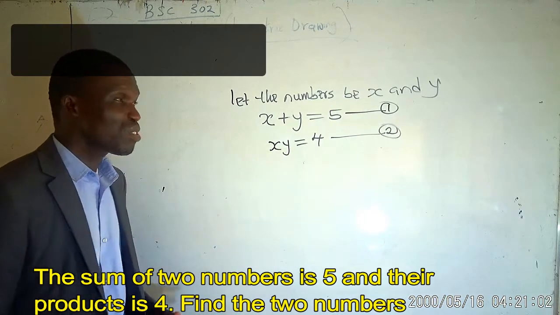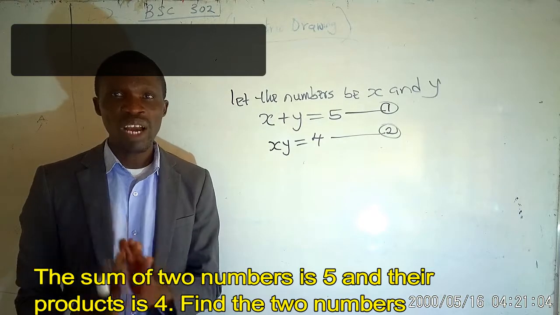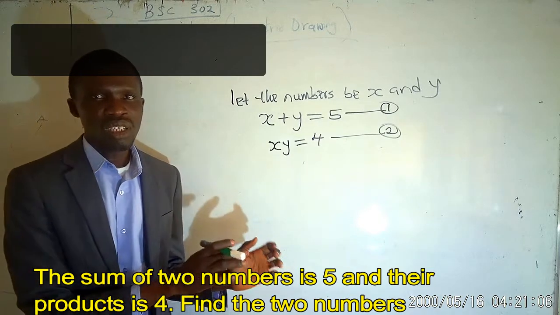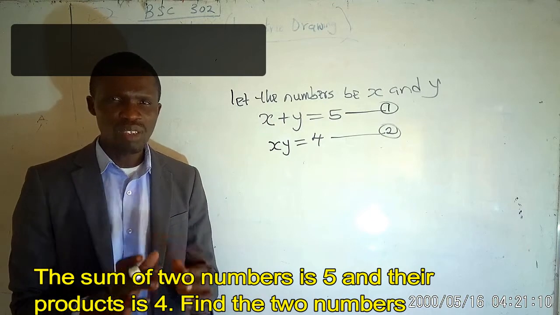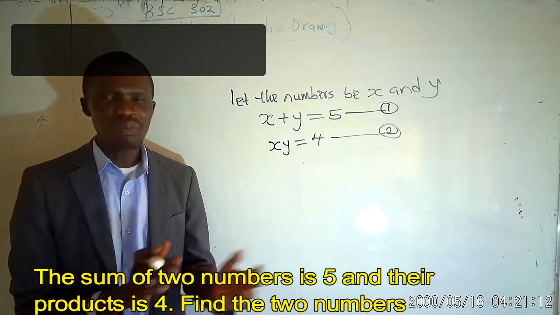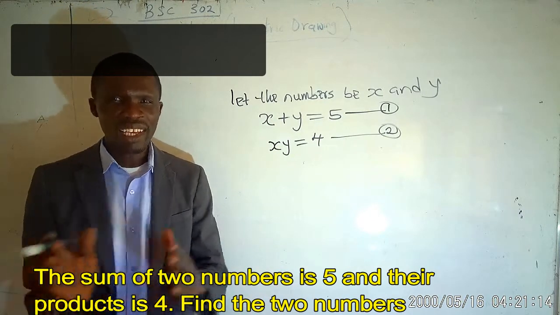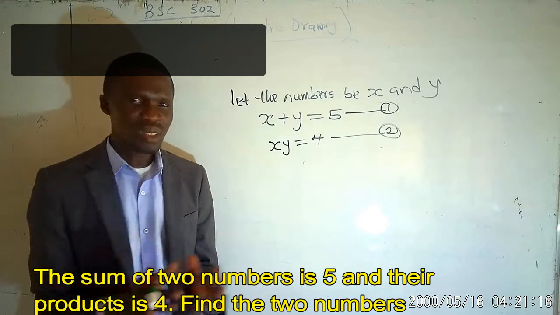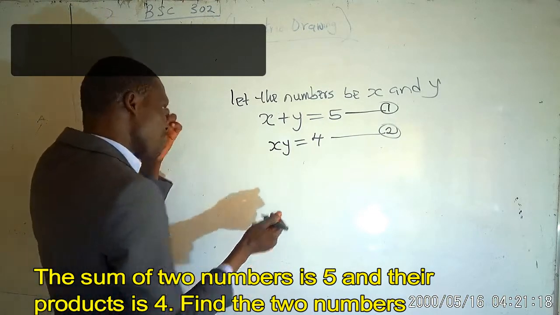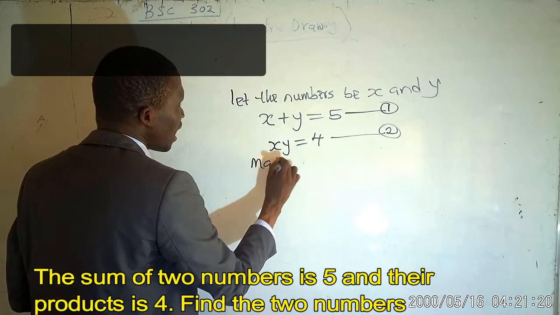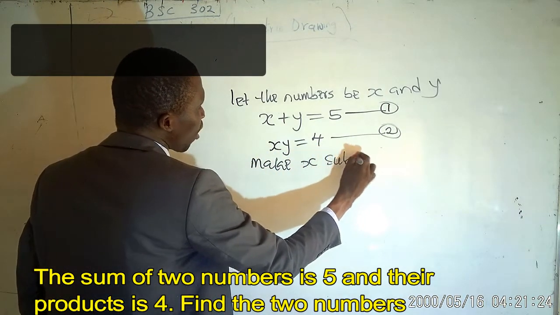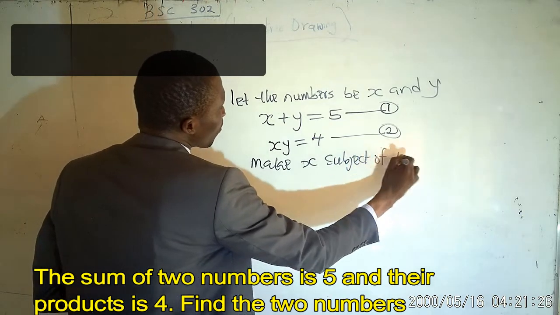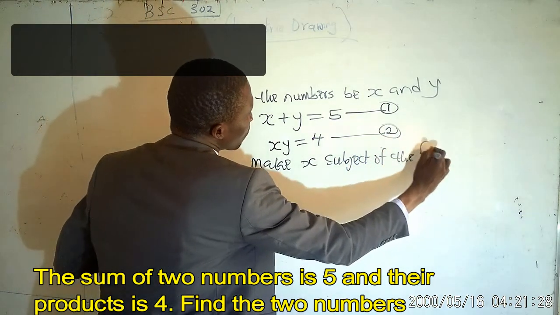So I love using the substitution method. We have different methods in solving simultaneous equations, but I'm going to make use of the substitution method. In our previous video, you saw other methods like elimination and graphical method. So let's solve this. You now make x the subject of the formula.